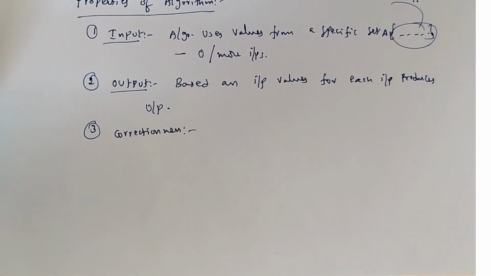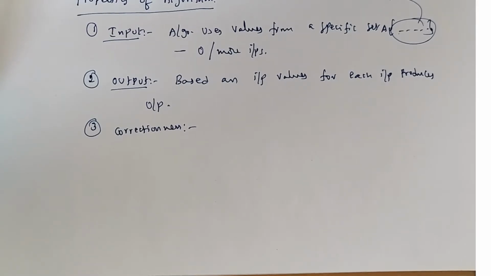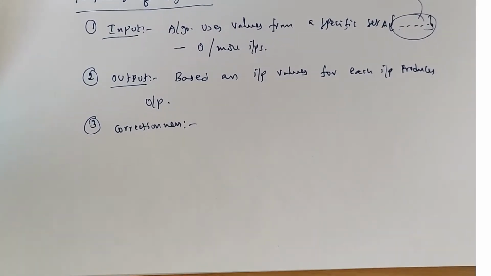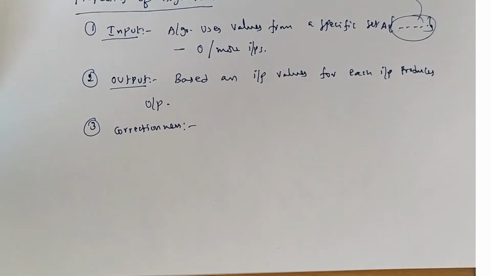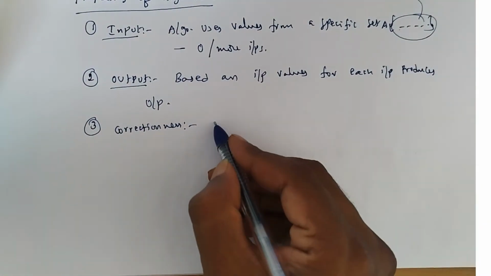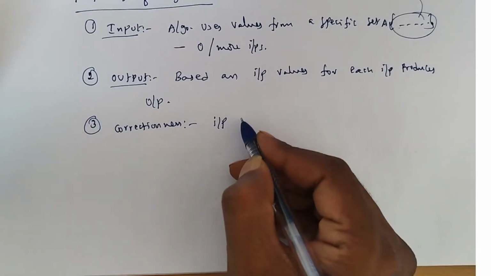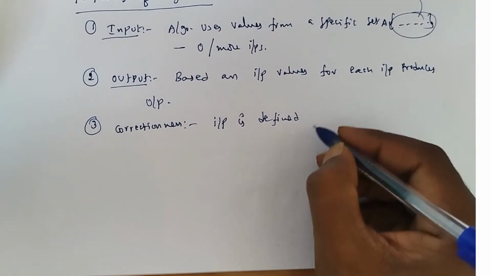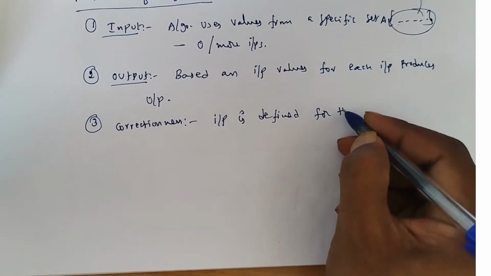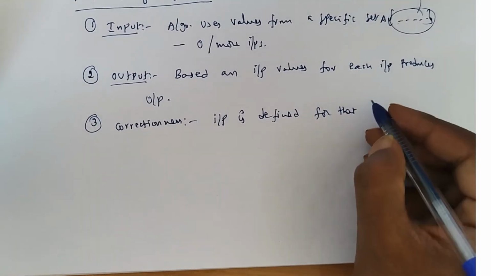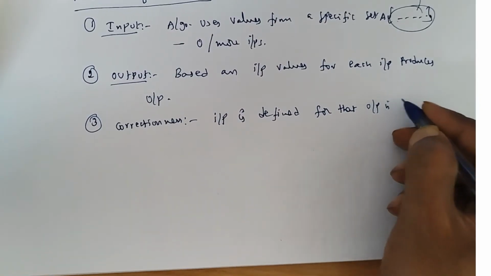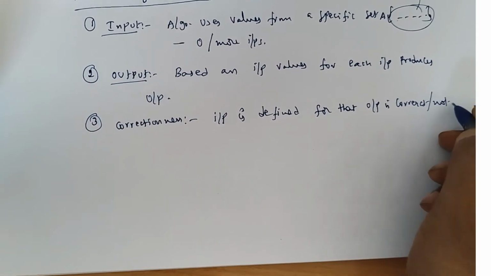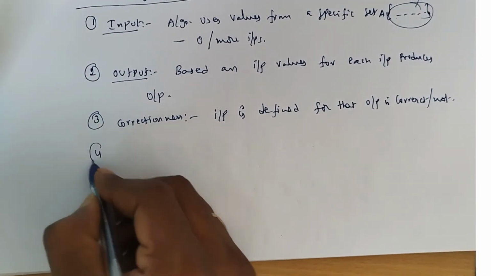It checks whether the output is correct or not for each and every input defined in the problem. Here the input is defined, and for that input the output is correct or not.